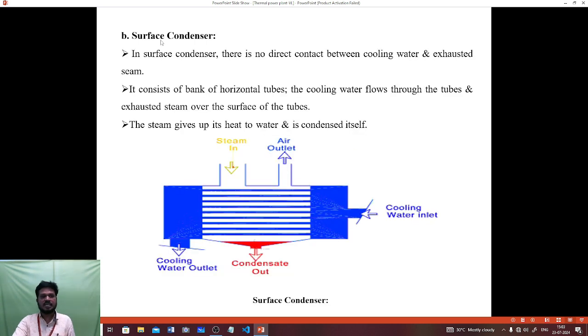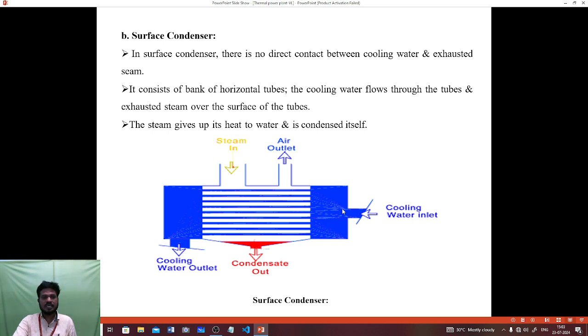Next, the surface condenser. In a surface condenser, there is no direct contact between the cooling water and the exhaust steam. It consists of a bank of horizontal tubes. The cooling water flows through the tubes and the exhaust steam passes over the surface of the tubes. The steam gives up its heat to the water and condenses. The diagram shows the surface condenser.